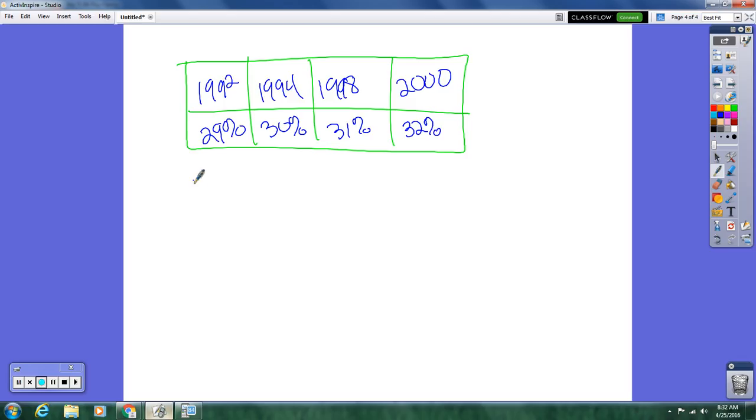Okay, so the mean and the median are both 30.5%. So would it matter which one you use? It doesn't really matter which one you use.